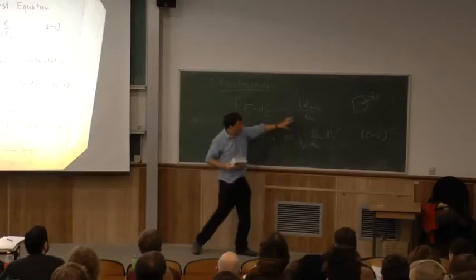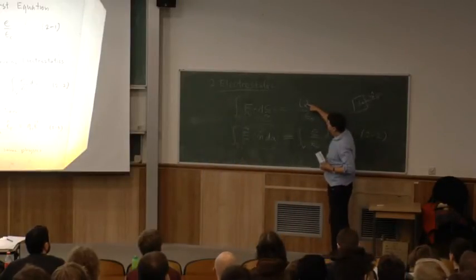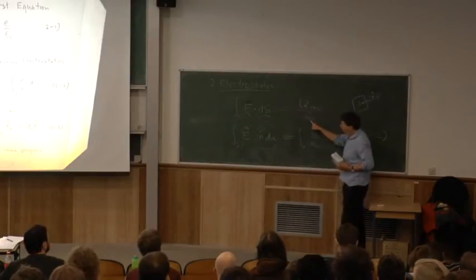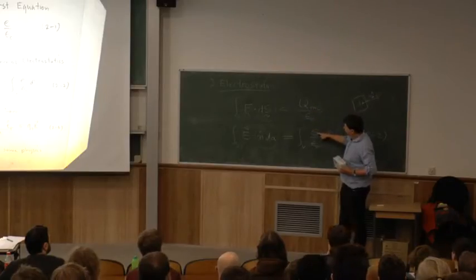And then on the right-hand side of the equation, Kieran wrote this as the charge enclosed by the surface S divided by epsilon naught. Well, of course, the charge enclosed is obtained by integrating the charge density over the volume.